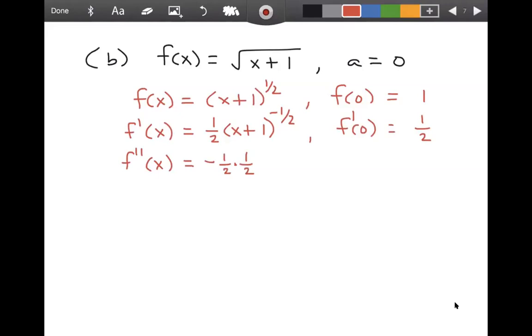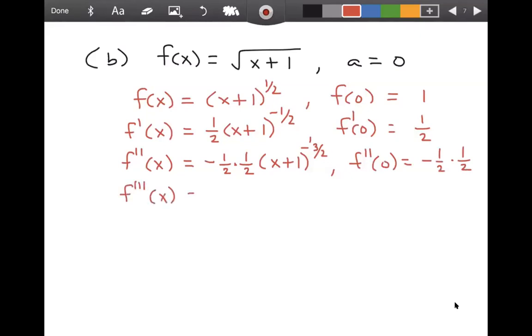Instead, I'm going to leave it just like that. And the new exponent is negative 3/2. And when I plug in 0, I am left with negative 1/2 times 1/2. So this is kind of a curious pattern. Might need to go past the third derivative for this one.